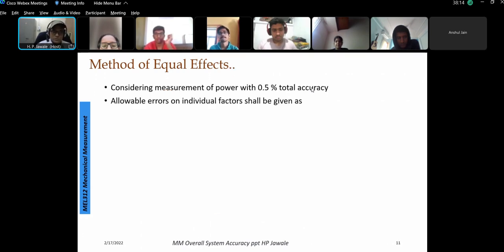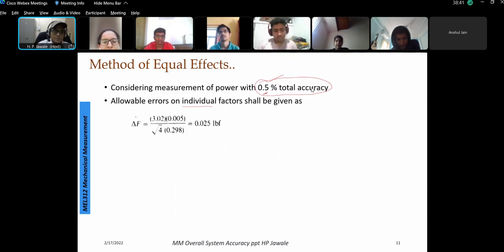So this can be considered here by taking some example. Let us consider the measurement of the power is to be done with 0.5% of the total accuracy. So this is now known. I am going to restrict my overall system uncertainty being propagated to not more than 0.5%. Let us assume 0.5%. Then the allowable error on the individual factor will be given for the same example.